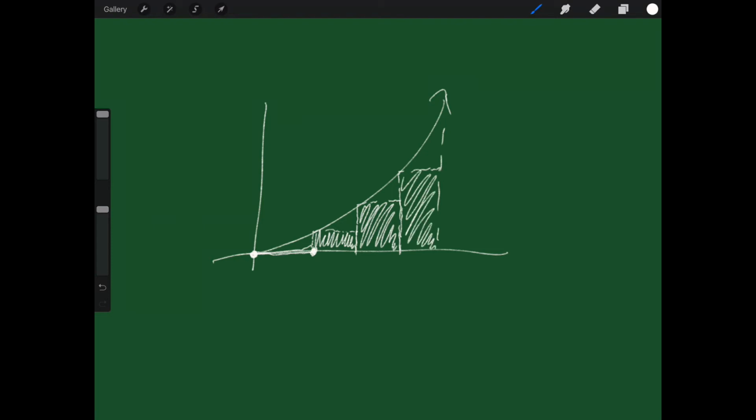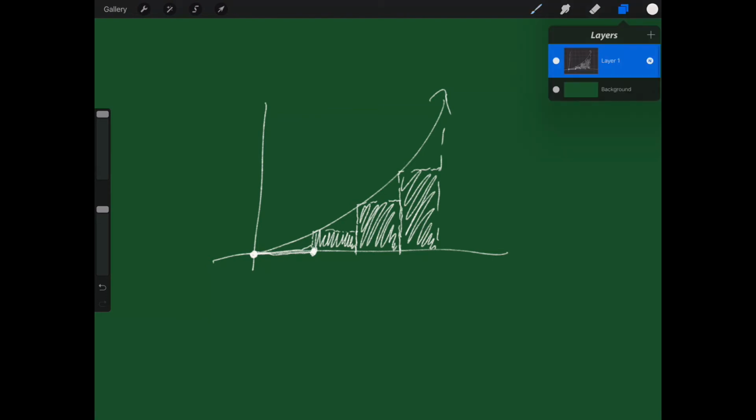Okay? And so now I could do the exact same thing, and I could get another estimate. Now, notice that the first estimate is higher than the actual area because the rectangles were above the curve. Here, the rectangles are below the curve, so I'm getting a lower estimate. And the actual area is somewhere in between.